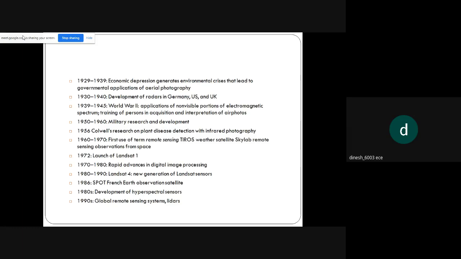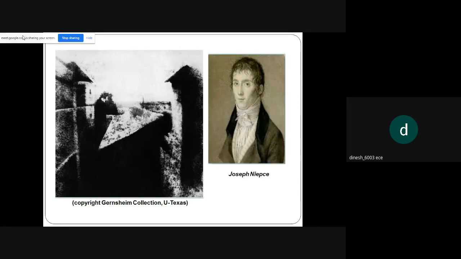In 1986, the French Earth observation satellite SPOT was launched. In the 1980s, hyperspectral sensors were developed, where we use multispectral sensors. And in the 1990s, global remote sensing and LiDAR were developed.